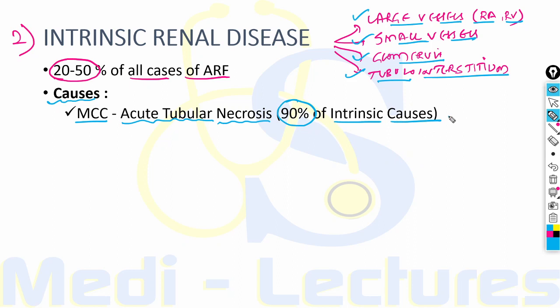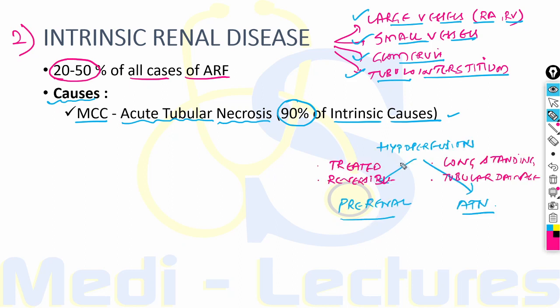Now, pre-renal azotemia and acute tubular necrosis are both part of a spectrum of hypoperfusion, where long-standing hypoperfusion can lead to structural tubular injury, and this will be known as acute tubular necrosis. What happens is, when there is hypoperfusion and it is treated on time, it is reversible. This will be pre-renal azotemia.